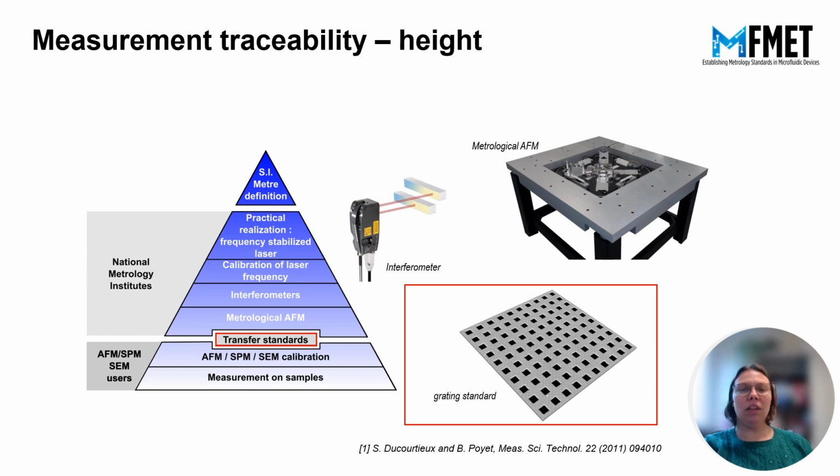At LNE, routine nanoscale measurements like nanoparticle sizing or roughness measurement are realized with commercial instruments calibrated with grating standards, as represented here. The grating standards have previously been measured by metrological AFM, which ensures they are a reference. In fact, the metrological AFM implements interferometer measurement to control the tip position in relation to the surface. These measurements are linked to the top of the pyramid, the SI meter, through a continuous sequence of calibration.